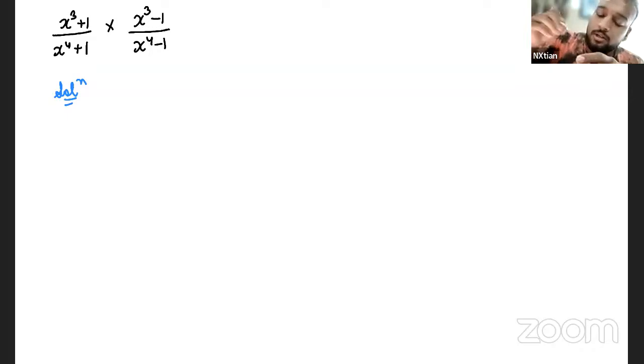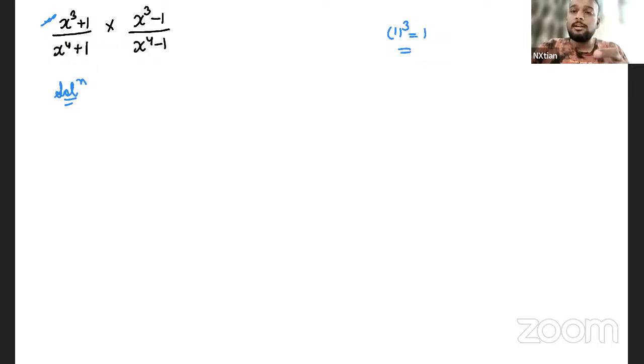Okay. So now this is the question. Understand it like this. See, this is x cube plus 1. So can I write 1 cube as 1? Yes, because what is the answer of 1 cube? 1.